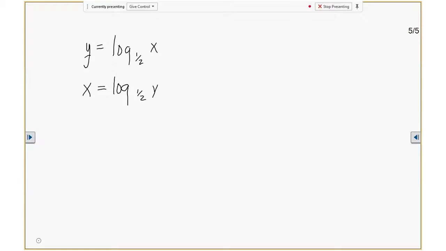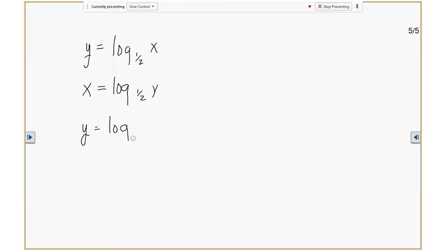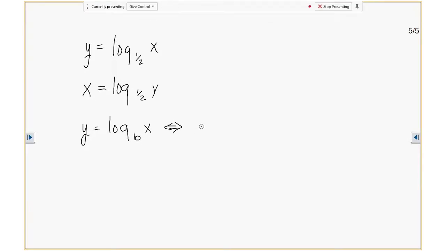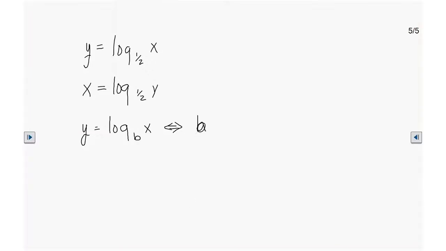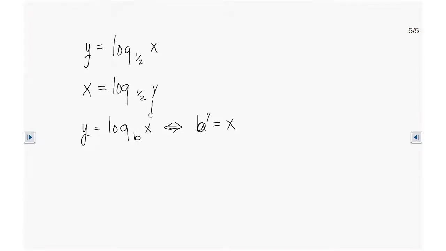Okay, now you remember the definition of logarithm. Now you have to remember this y doesn't equal that y. Y is equal to log base b of x, and what does that yield? B to the y is equal to x.